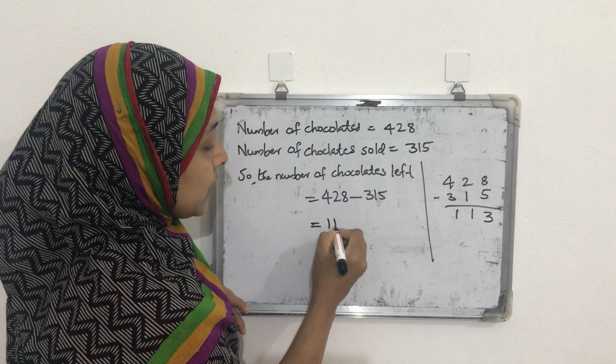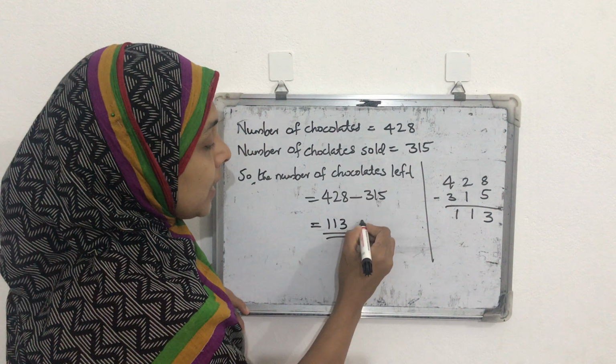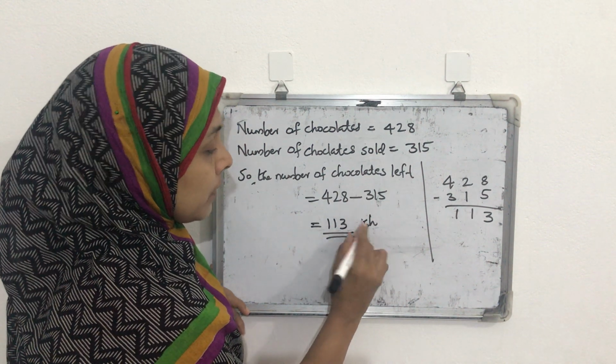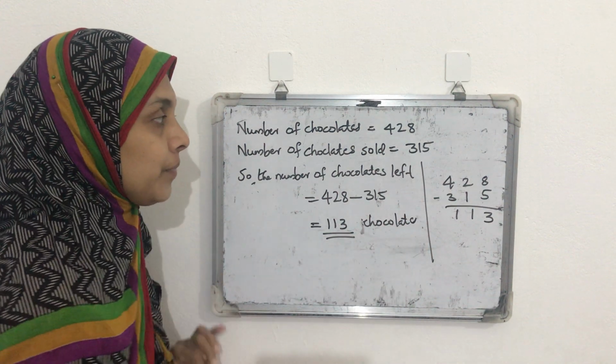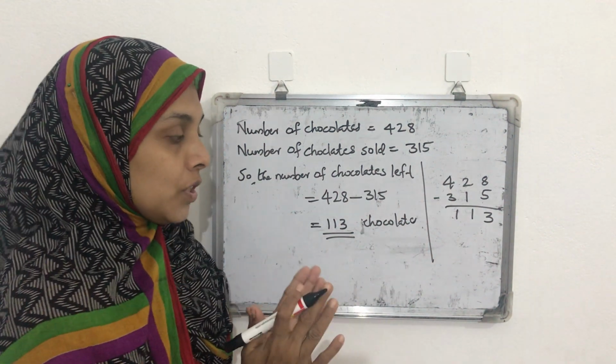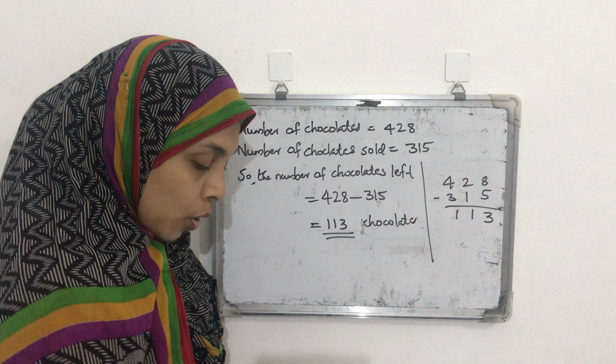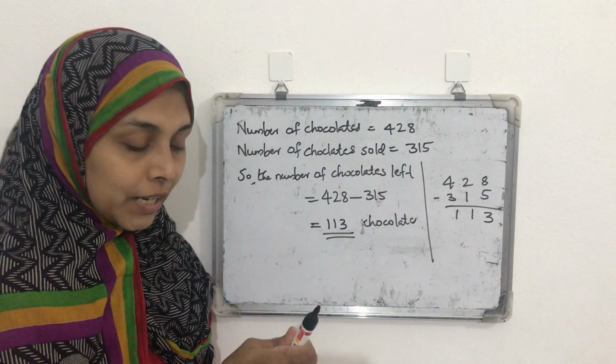So the answer is 113 chocolates. Okay, understand? So these are the word problems related to subtraction.